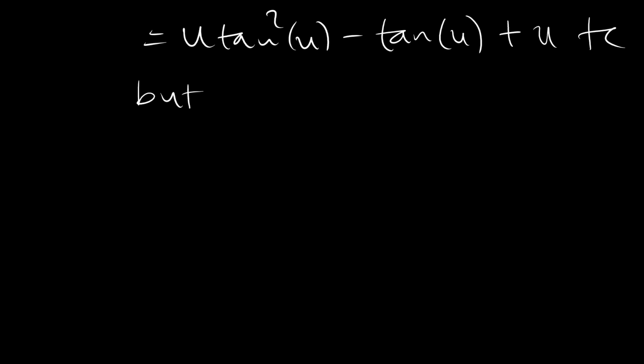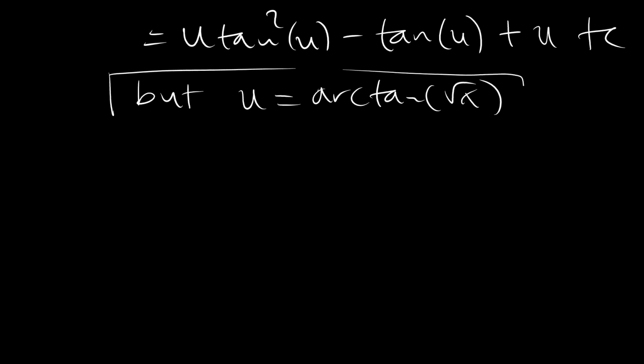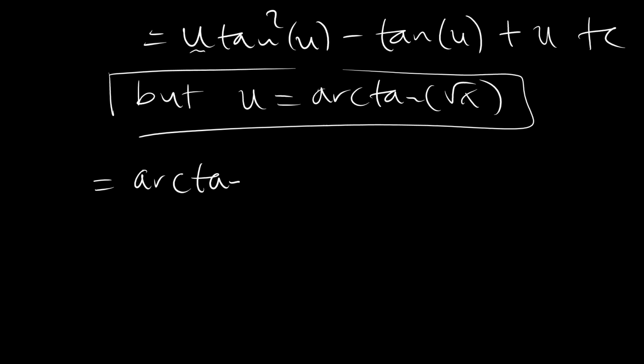But we said u is equal to the arctangent of square root of x, right? That means that where there is u, we have arctangent of square root of x.